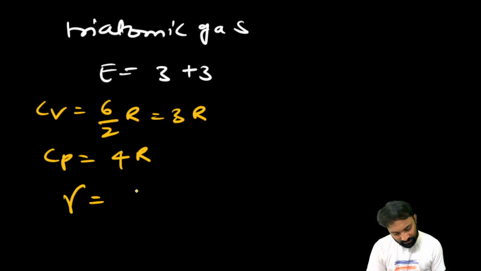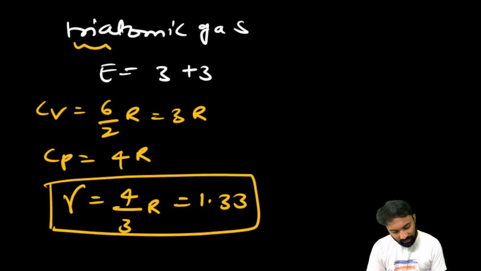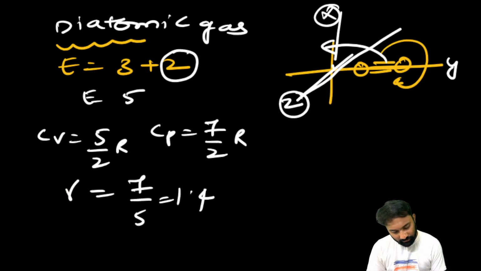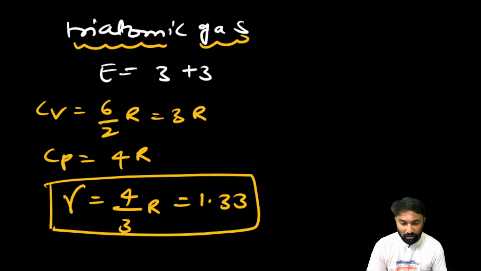Now gamma is equal to 4 by 3, which is nothing but 1.33. These are the gamma values for the triatomic gas, the diatomic gas, and the monoatomic gas. This will play a very crucial role in the upcoming concept that we are going to study.